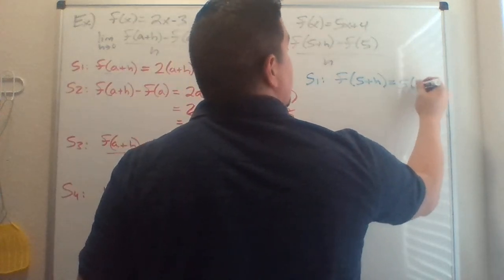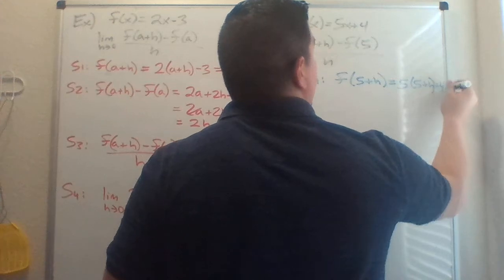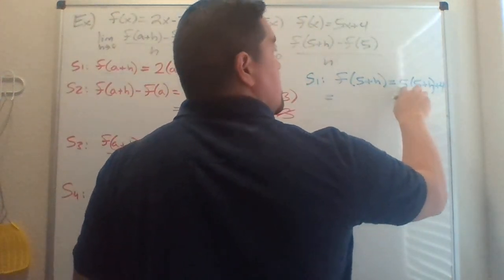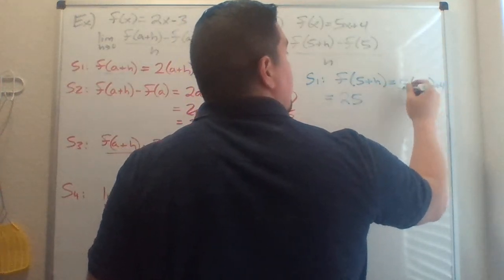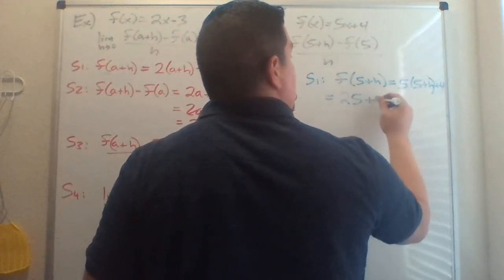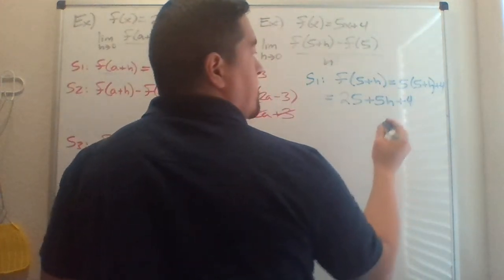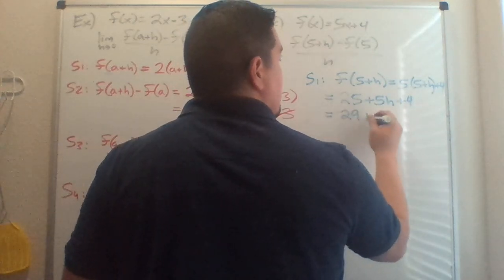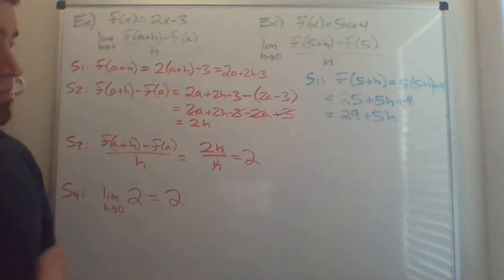So 5 times 5 plus h plus 4. And then simplify where you can. I'm going to have to distribute this 5. 5 times 5 is 25, 5 times h is 5h plus 4. Put this together. 25 plus 4 is 29, or combine like terms. That's 5h. So that's step 1.